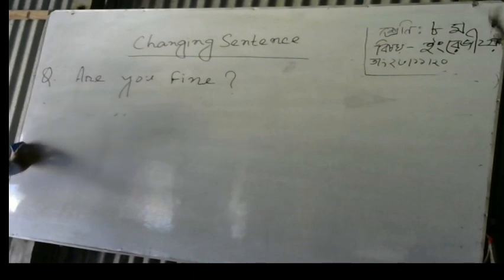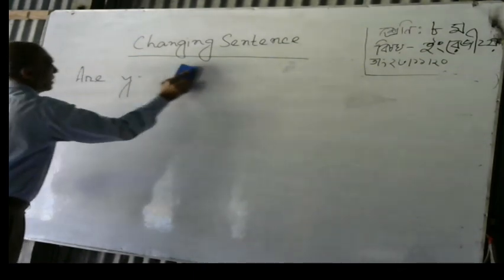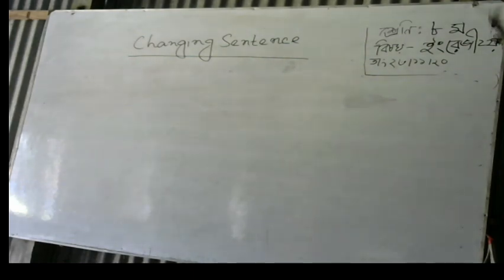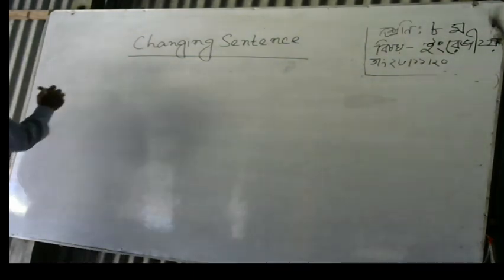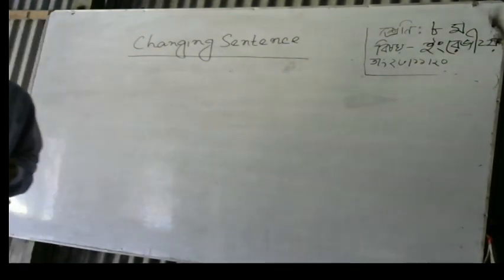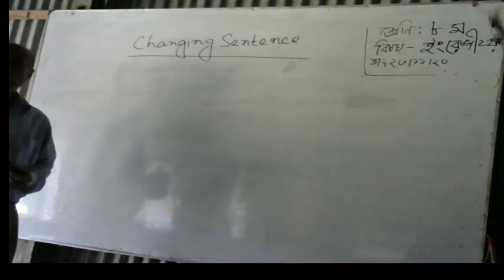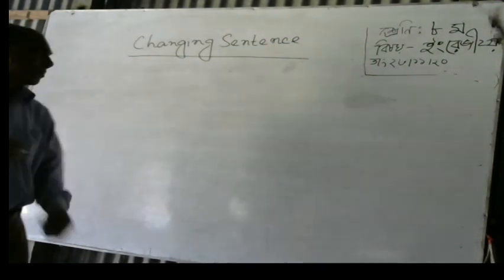We know there are two types of assertive sentence, that is affirmative and negative. If I write down a positive or affirmative sentence, the question will be negative.